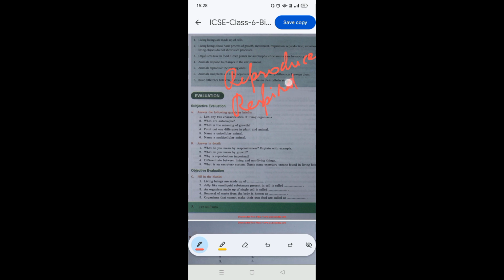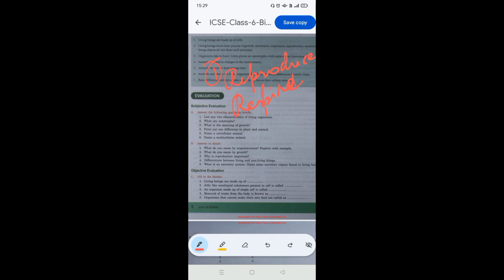They respire. Okay, this is the first answer. You can also write any other. There are totally 10 characteristics which differentiate living organisms or living things from non-living things. I have mentioned two. You can mention any other 8 also.